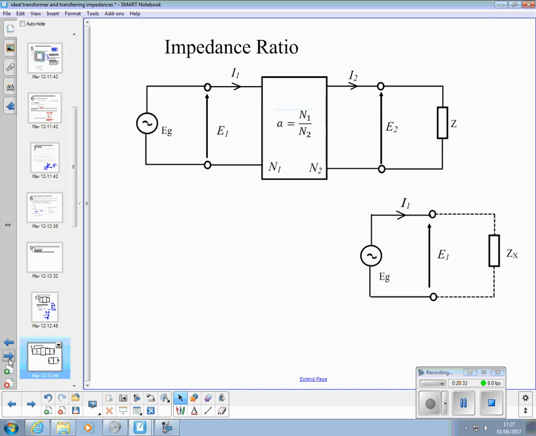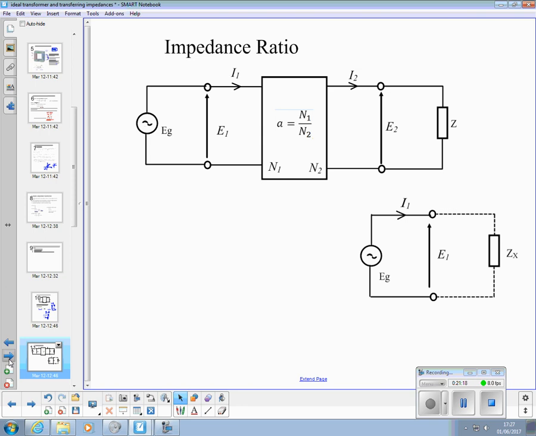Now, impedance ratio. Did Steve do this bit? Because it's about, we've got a generator on this side with an ideal transformer of turns ratio A, feeding a secondary that's supplying an impedance Z. What impedance does that generator see?